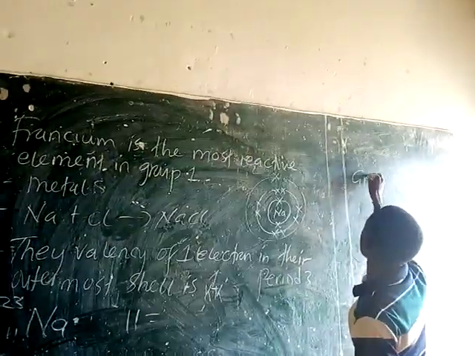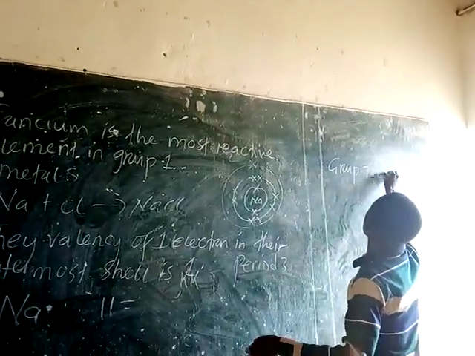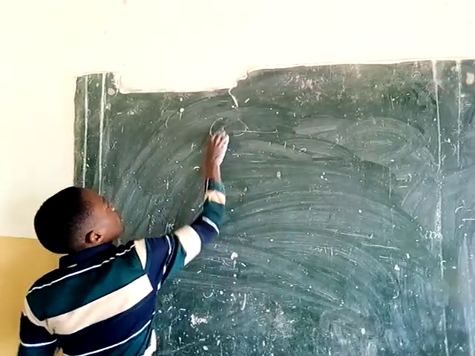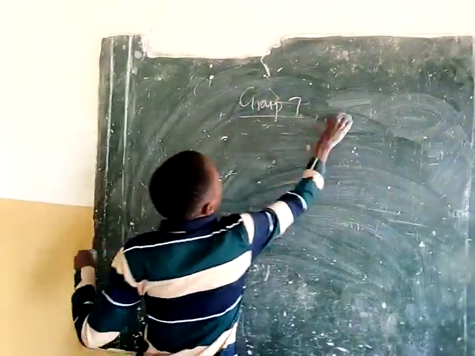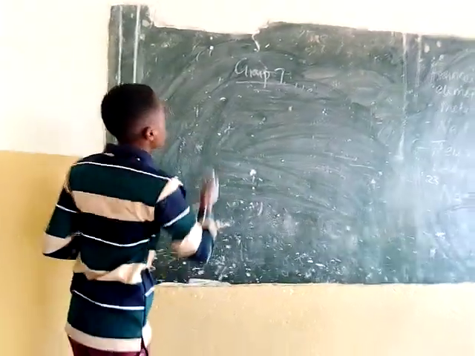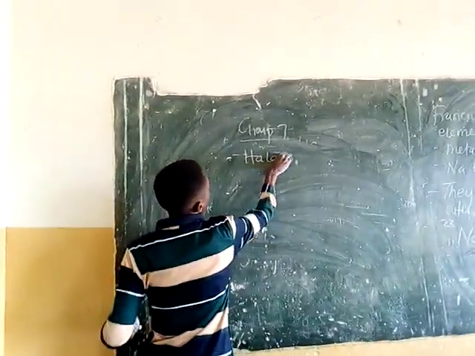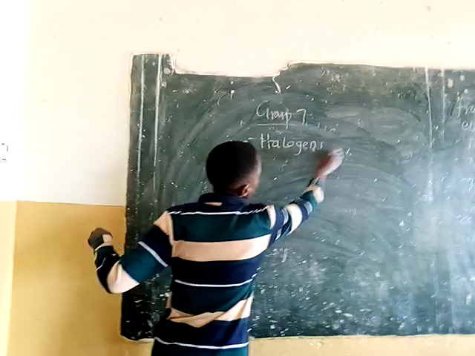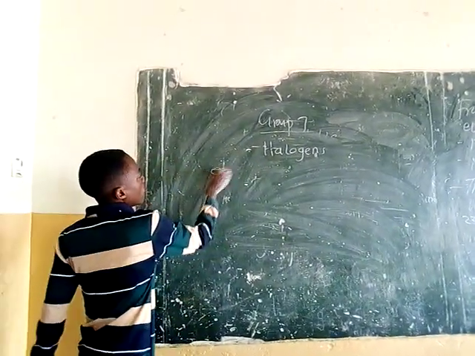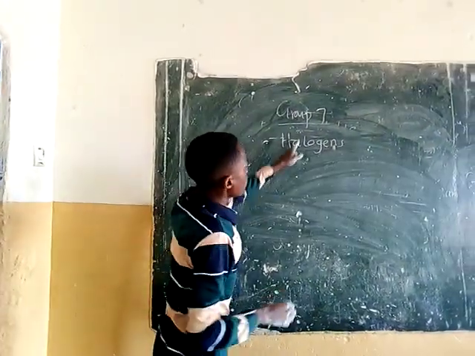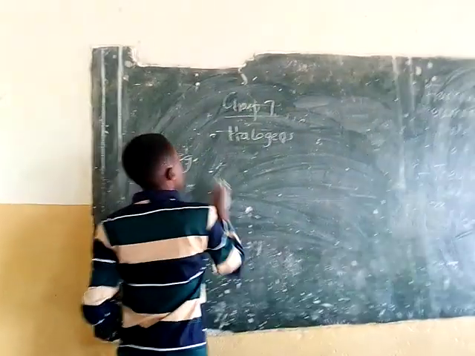Now, let's quickly talk about group 7 elements. Group 7 elements are also known as halogens. This is the other name for group 7 elements. Examples of halogens include chlorine.